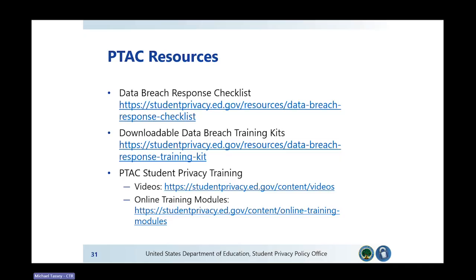They include everything you need to set one up. And we have PTAC student privacy training, whether it be short YouTube-style videos on a variety of subjects in student privacy and data security. We also have online training modules, which include things like FERPA, understanding the nuances of FERPA, and data sharing. So I would encourage you to check out those resources as well at our website.